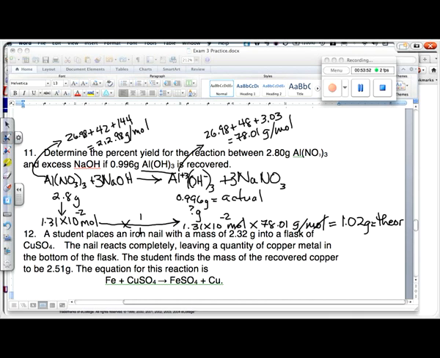Okay, so percentage yield equals actual over theoretical. Of course, the grams cancel, times 100.